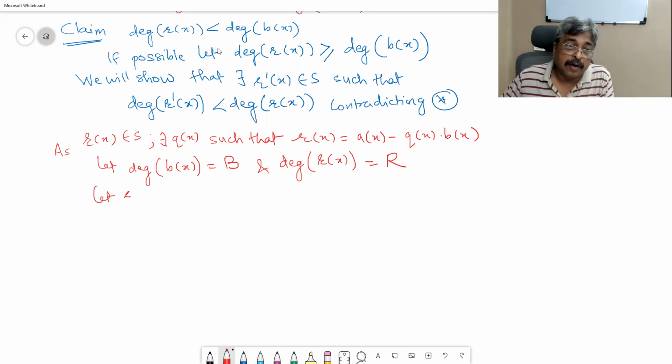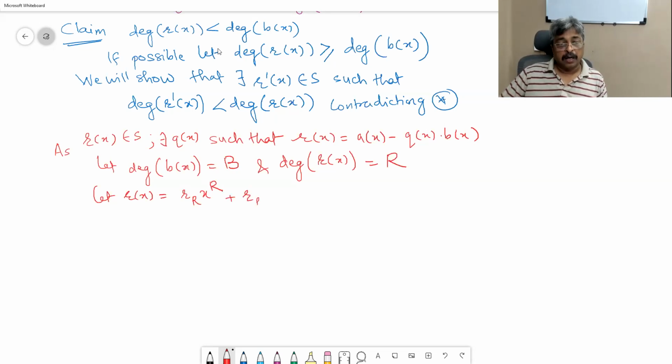Let R of X be equal to R X raised to R plus R minus 1 X raised to R minus 1 plus dot dot dot plus R0.